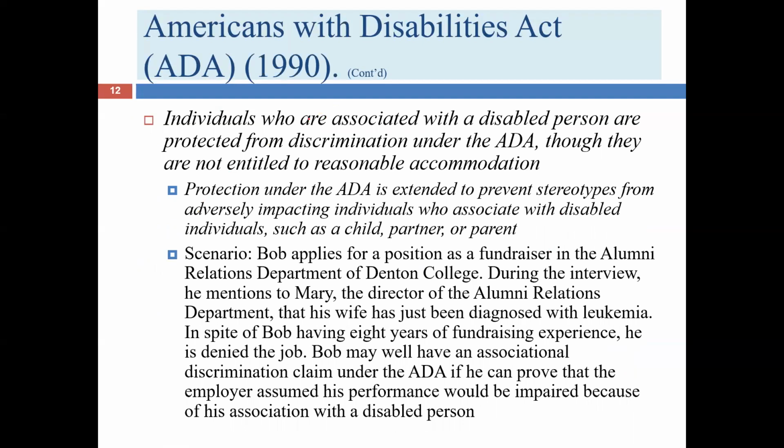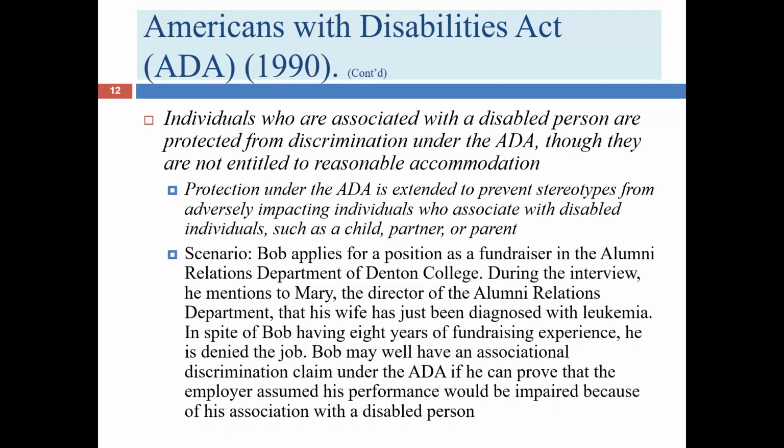Let's talk about associational discrimination. We've talked about this with Title VII. If, for example, a Caucasian man marries an African American woman and finds that he, in this case, because he's a man, is being discriminated against at work because of his association with his wife, that is a protected category.